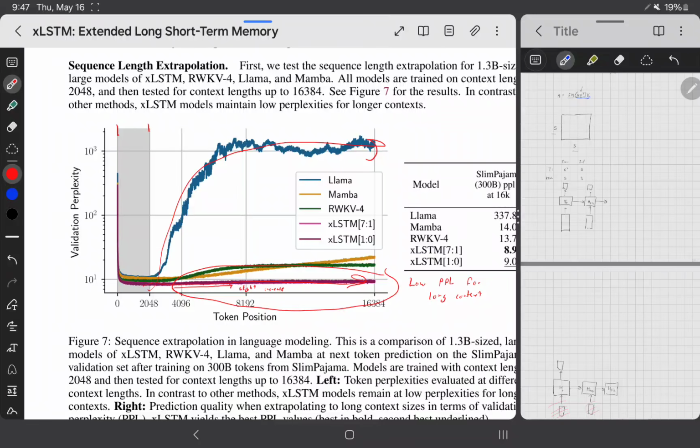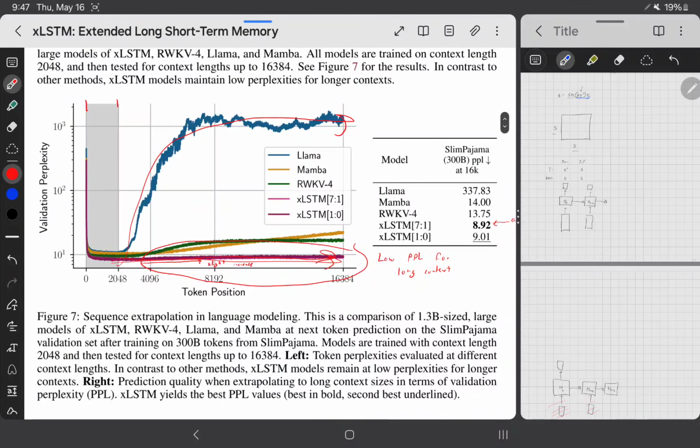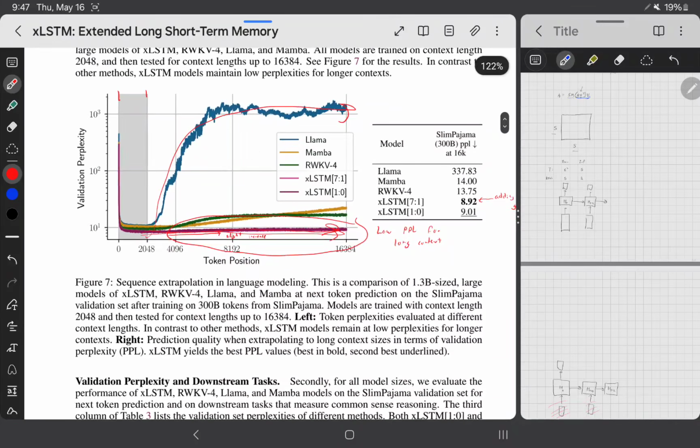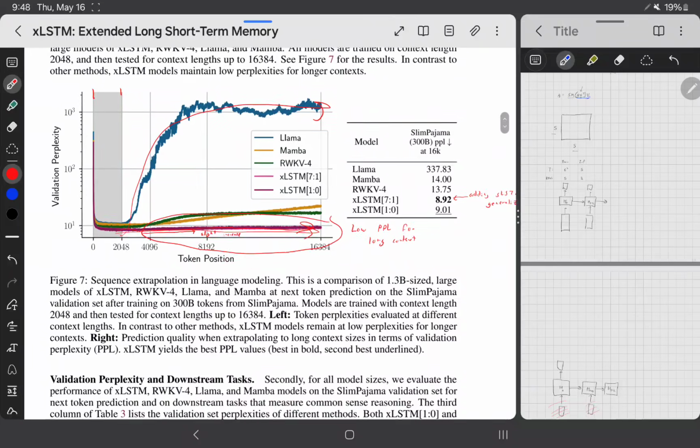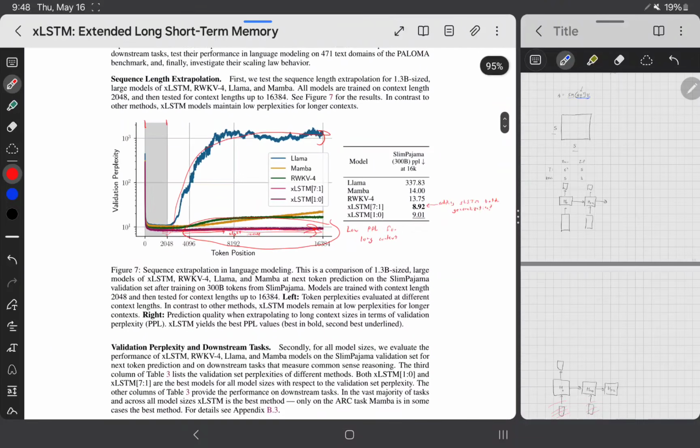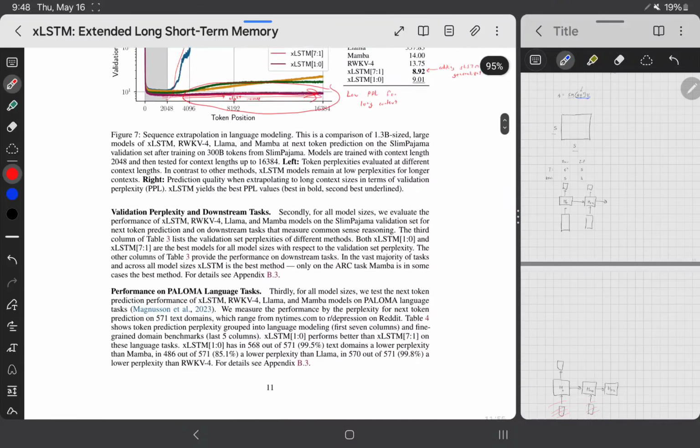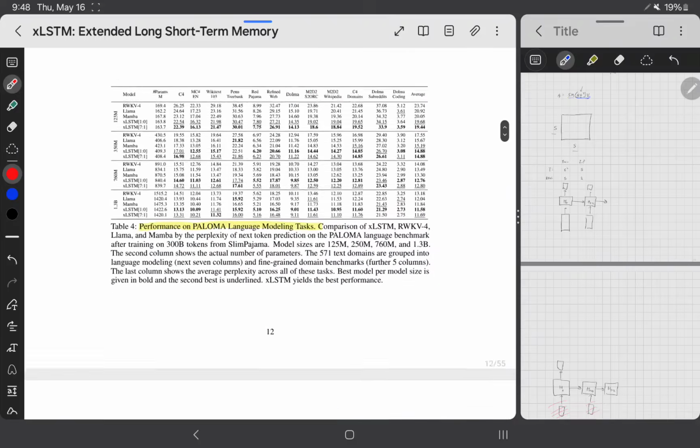Adding positional encodings to a transformer gives it terrible extrapolation abilities, while for an LSTM, you don't have any positional encodings, so that allows it to do inference for much longer. The only thing that may give it a problem is maybe the values blow up, but the normalization should fix that. So xLSTM does much better than the other models.